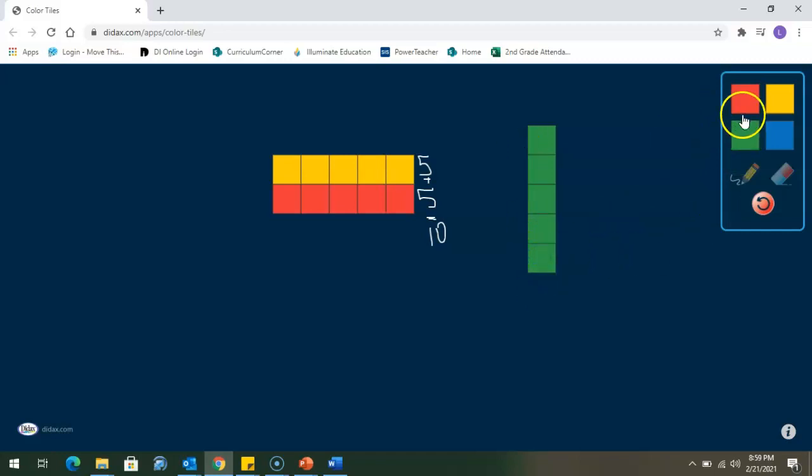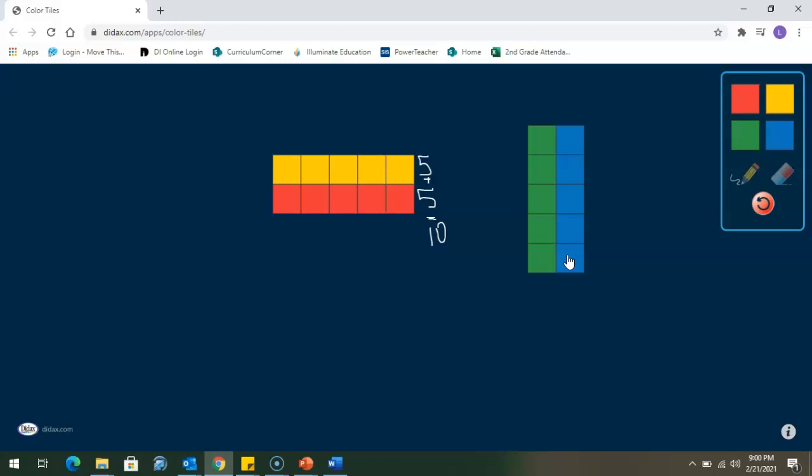This is one column. Let me try to change it. I'm going to do blue. 1, 2, 3, 4, and 5.